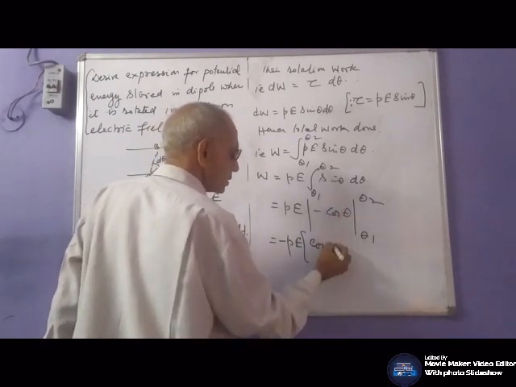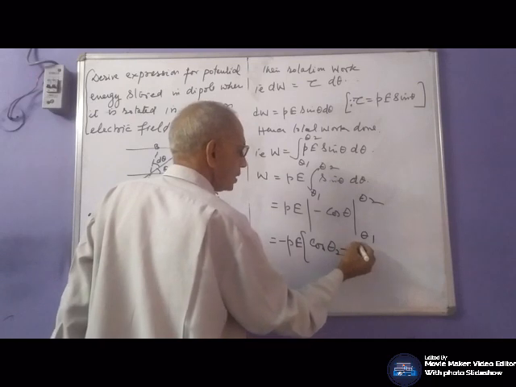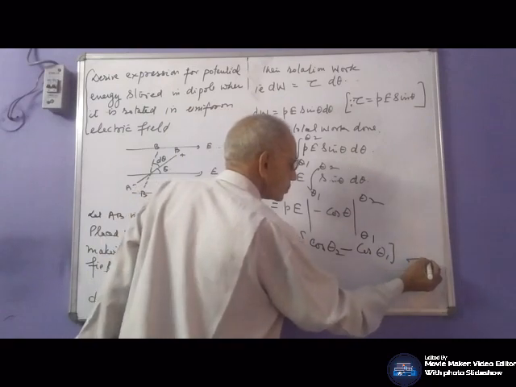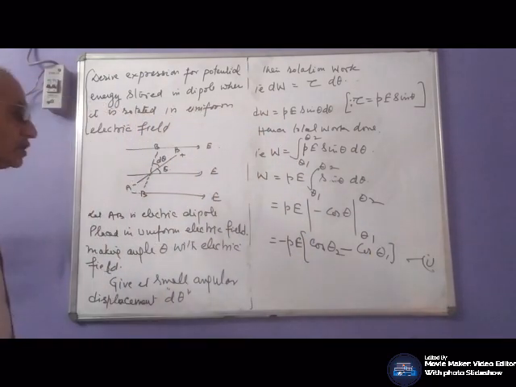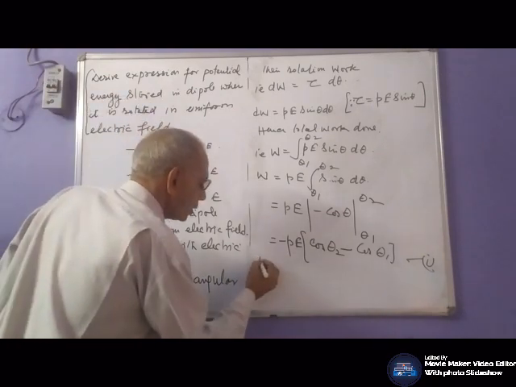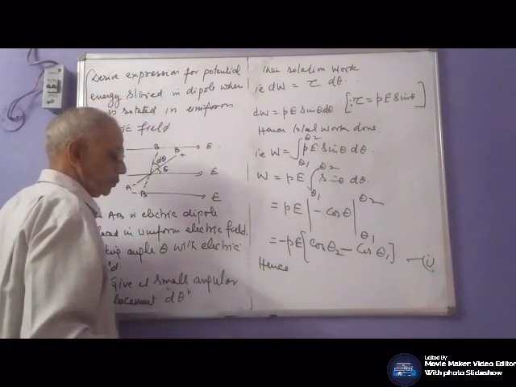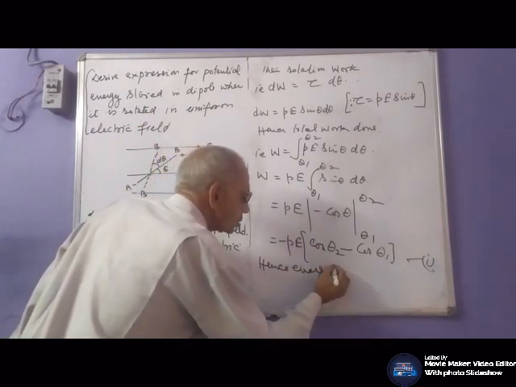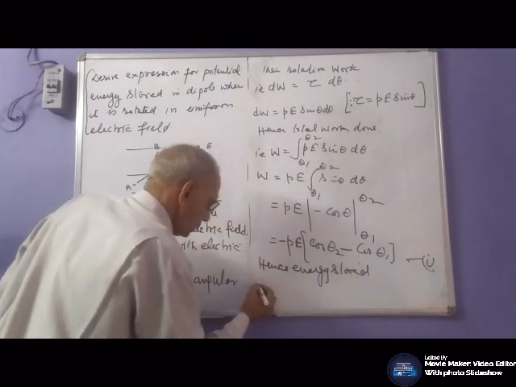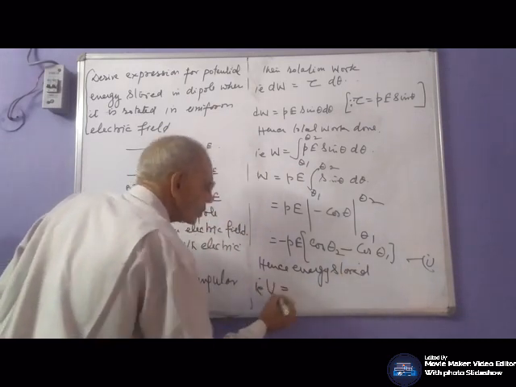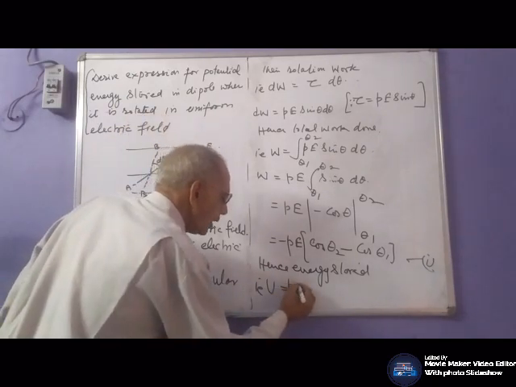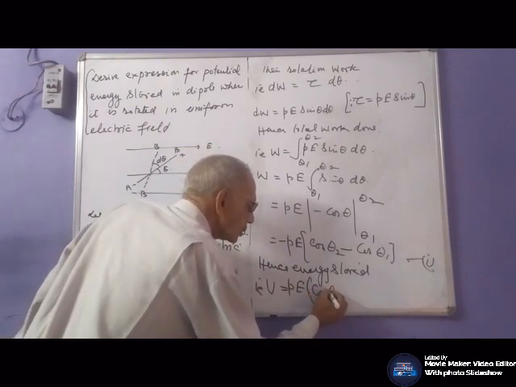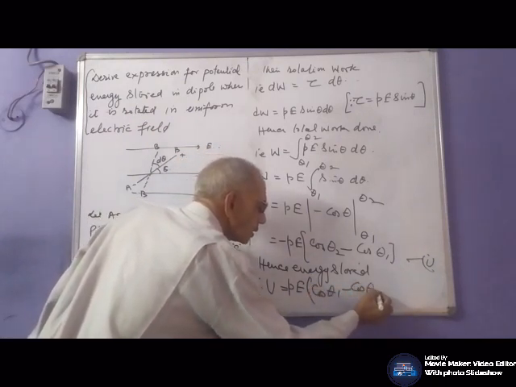Put the values of theta, minus this is the work done. Hence energy stored, that is U, take minus inside, this work is energy. U is PE, cos theta 1 minus cos theta 2.